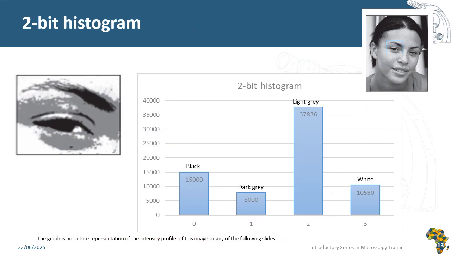Just a few examples of what it means to have different bit depths. For example, here we are taking the eye of the person in this picture, and if you only have 2 bit, you can only have 4 levels of gray, so you have an image like that. As soon as you increase your number of bits, you have more gray levels, and so you have more resolution power.